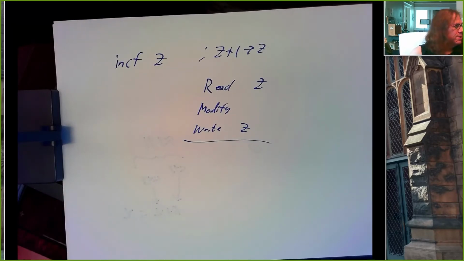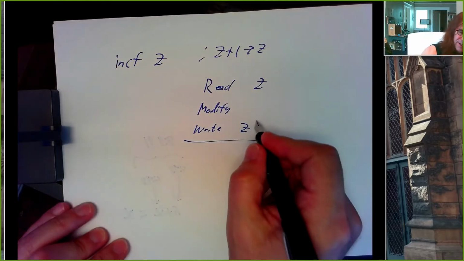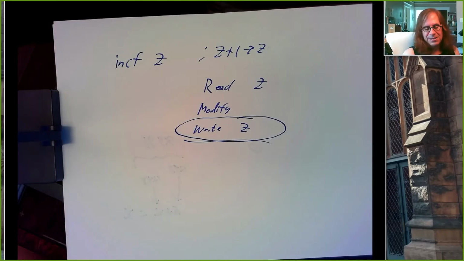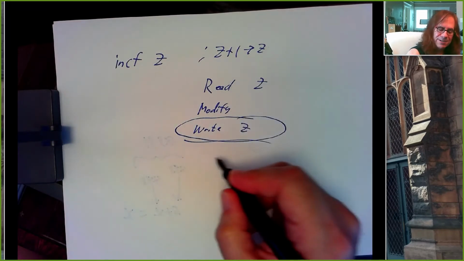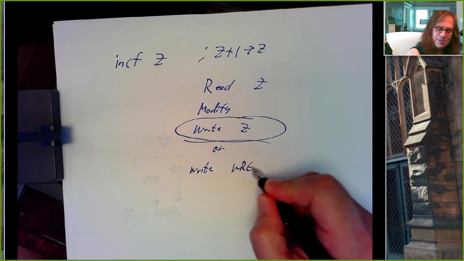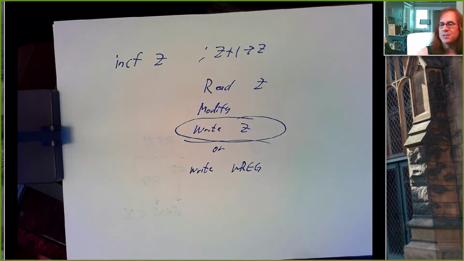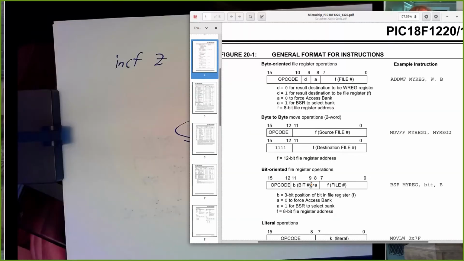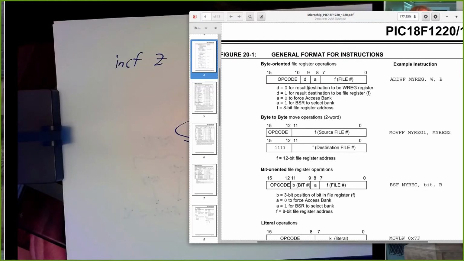All right, this D bit in our coding lets us change what this instruction does. It lets us say, should we write the result back into Z, or should we write the result into this special register called the W register, or the working register. And we can specify the behavior with a single bit, and that bit is this D bit. So if D is 1, then this instruction, whatever the instruction is, does exactly what we've been doing.